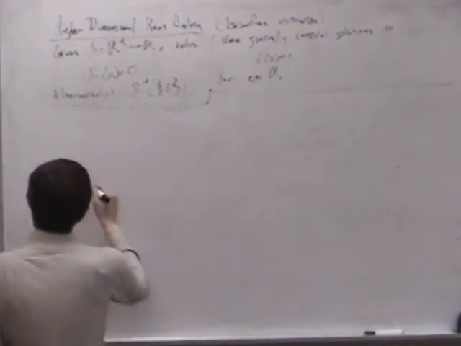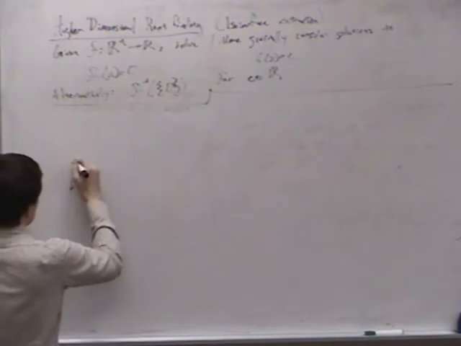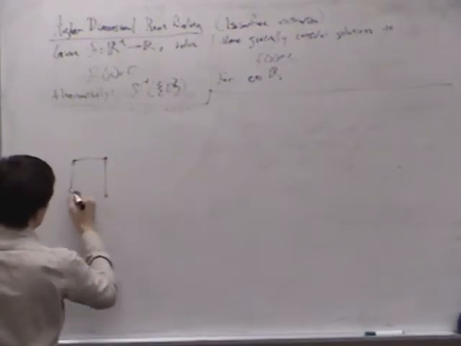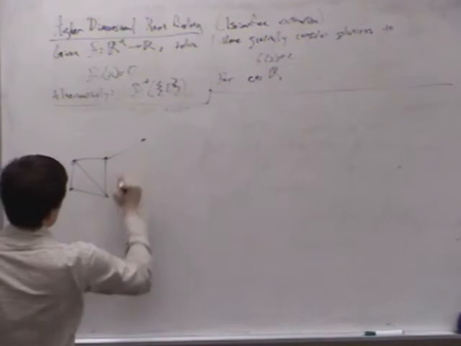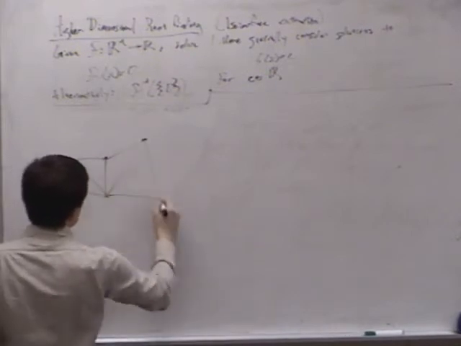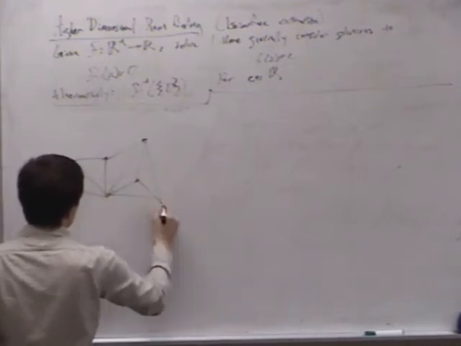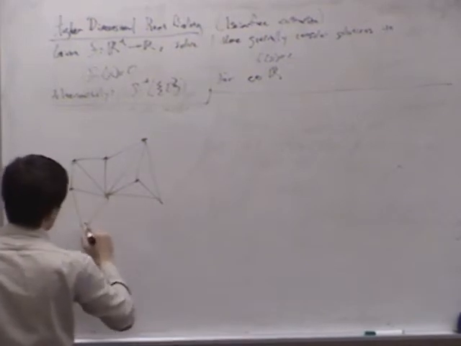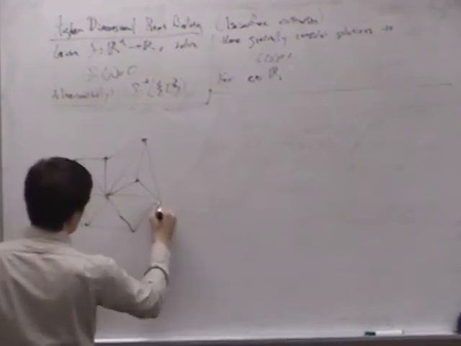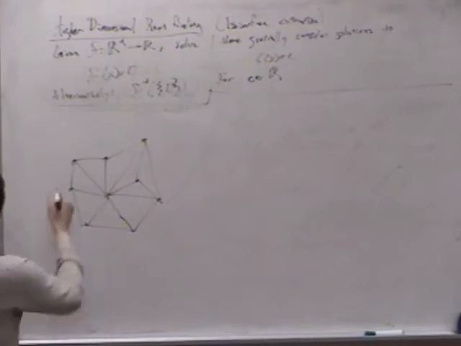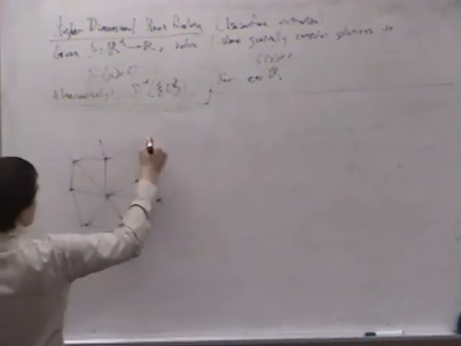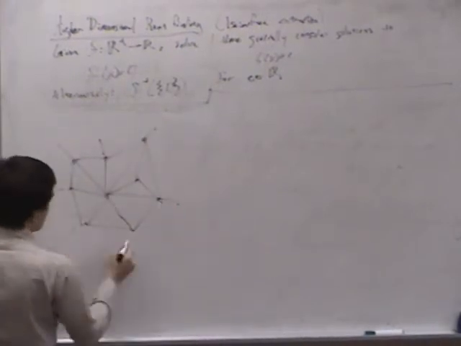Right? So let's say we've got some collection of cells, whatever, just kind of drawing them haphazardly. And then these could maybe continue off, connect to other things.